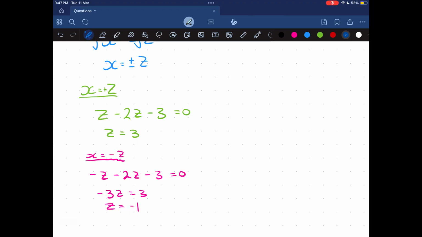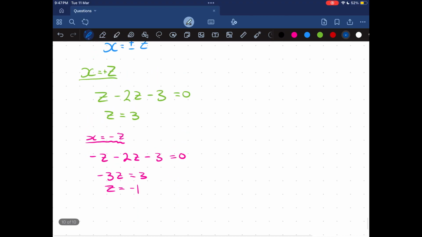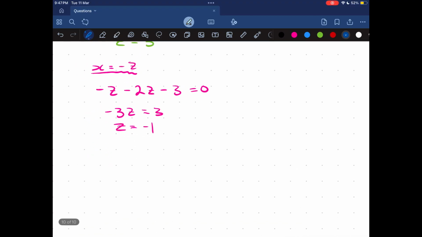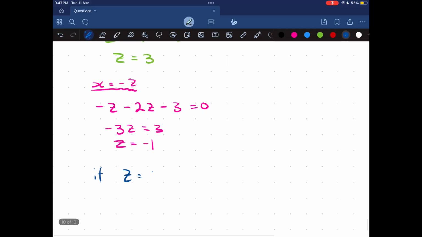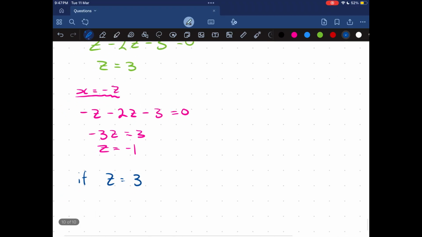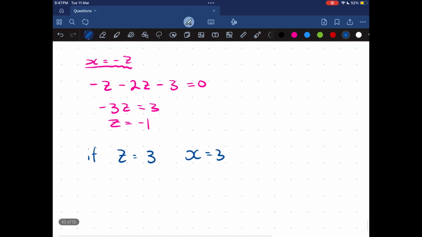Because we know x is equal to plus or minus z, we can put these straight back in. If z equals 3, x equals 3, and if z equals negative 1, x will also equal negative 1.